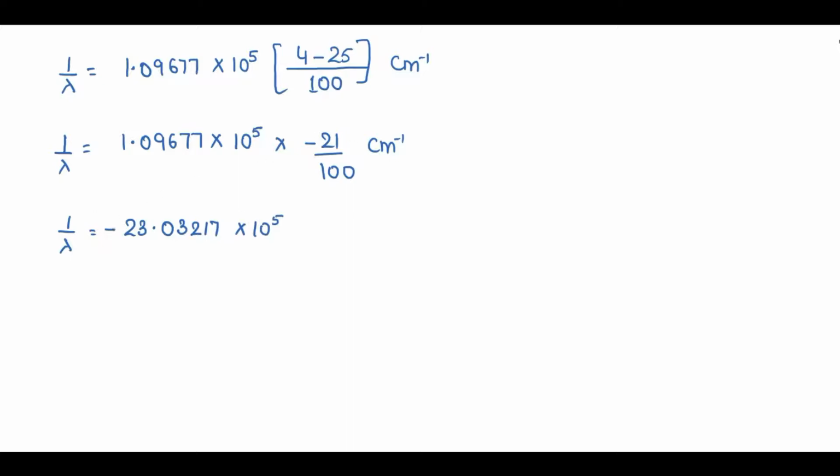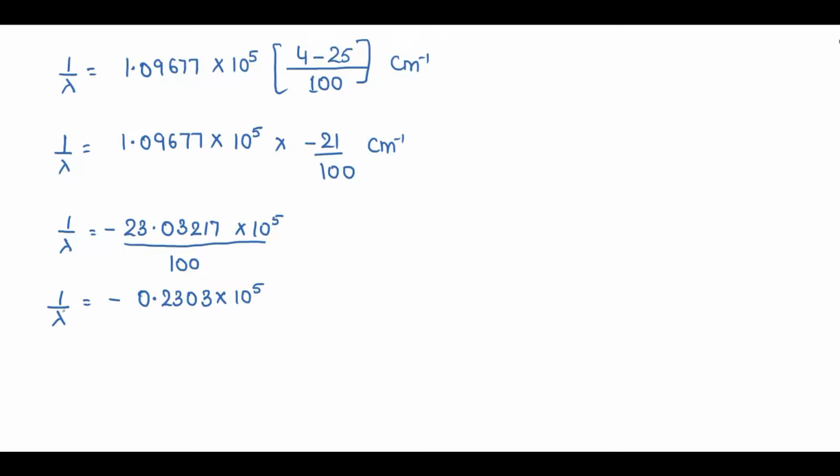Definitely this minus will come over here, divided by 100, right? So 1 by lambda equal to, if I divide this value by 100, the answer will be minus 0.2303, right? Into 10 raised to power 5.